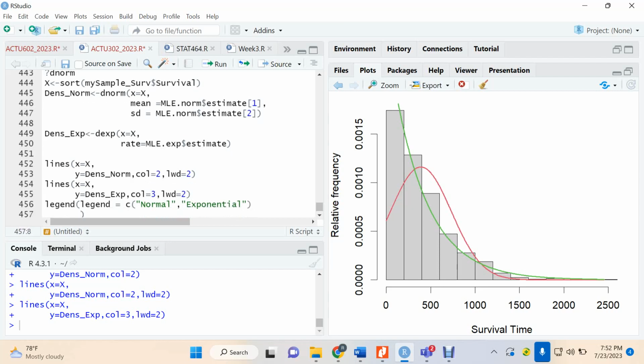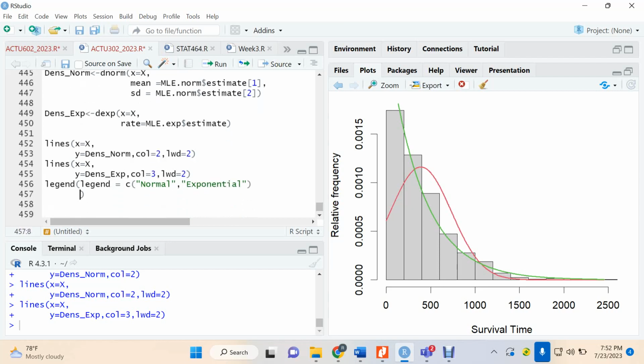Okay, and then color is equal to 2 and 3, right? And then line width, we use 2 and 2, so 2, 2. And what again?